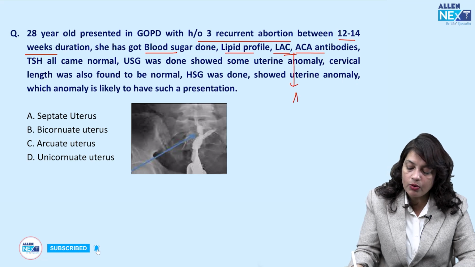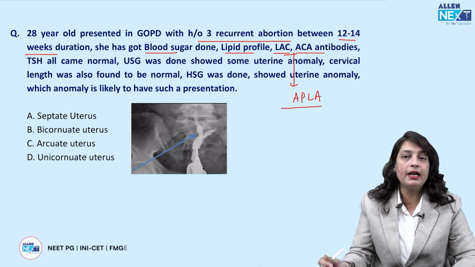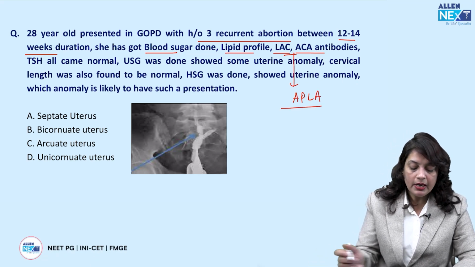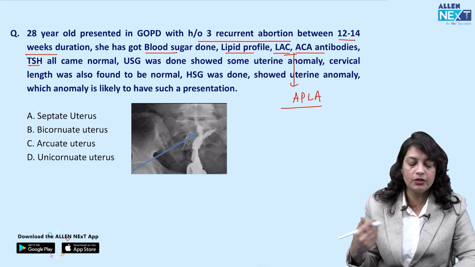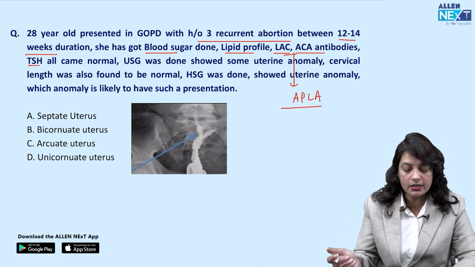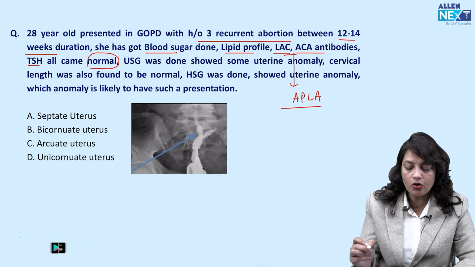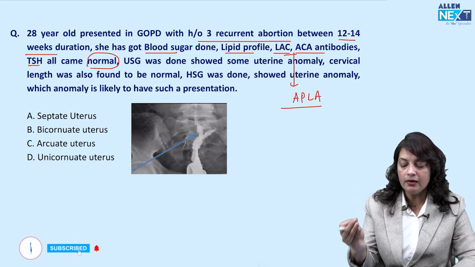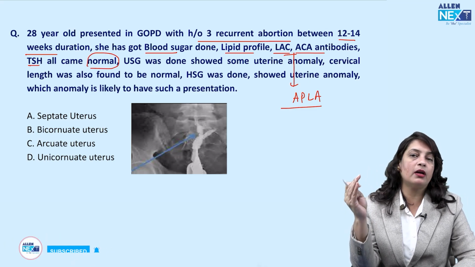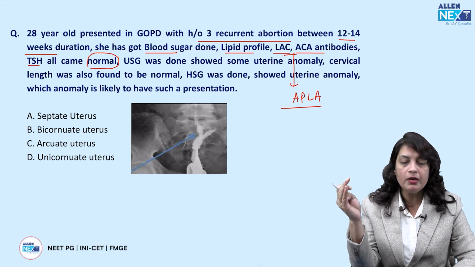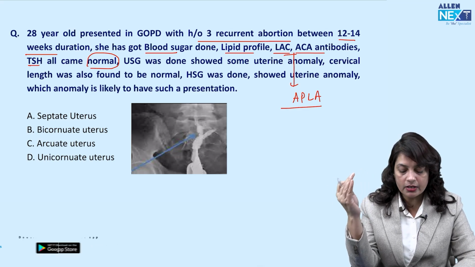This is to rule out APLA, antiphospholipid antibody syndrome. TSH is done to rule out any thyroid disorders. All of this came normal.